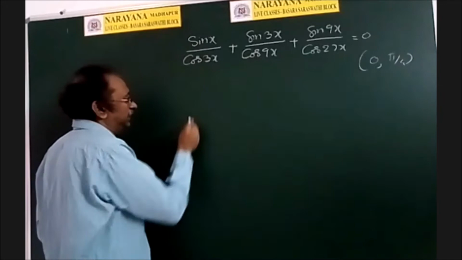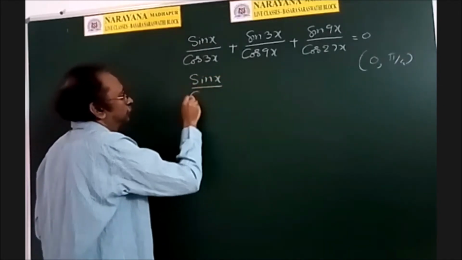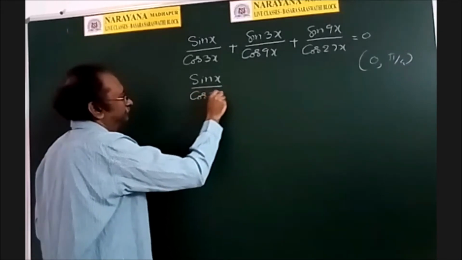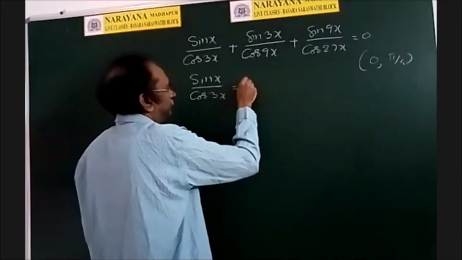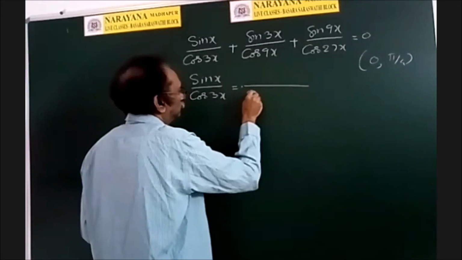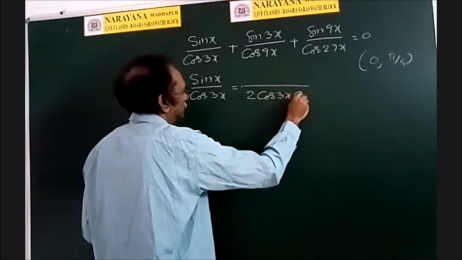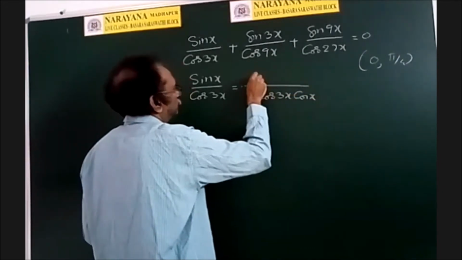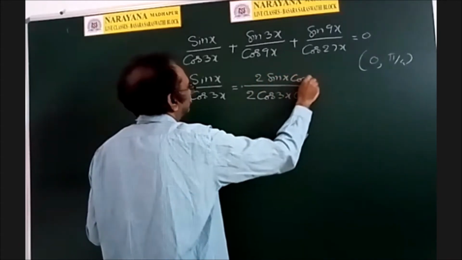So first I will type this, sin x by cos 3x. See, this can be written as 1 by 2 cos 3x cos x, times sin x cos x.